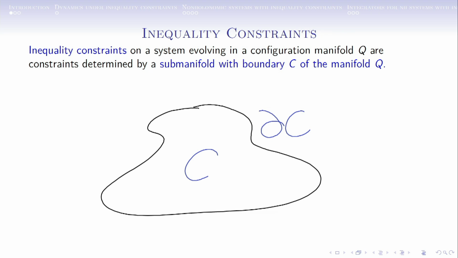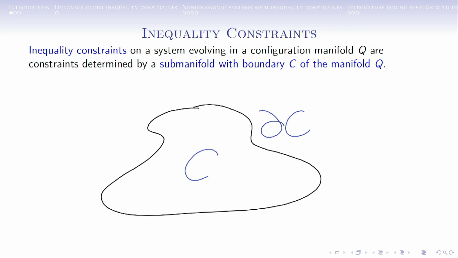When your system gets to the boundary, you have some kind of impact. An inequality constraint is basically a boundary on the open submanifolds of where your system lives. So that is basically for us an inequality constraint.